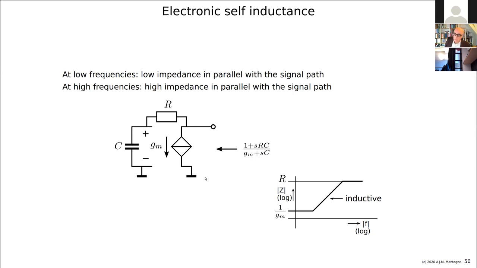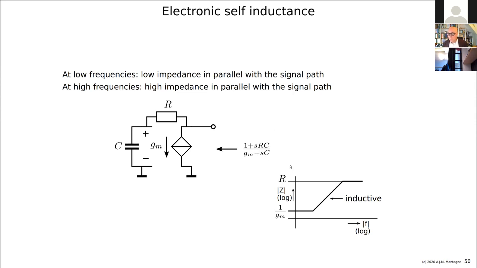Of course, I have no output capacitance here, but that's just to make it a simple circuit. And this is then the expression. You don't need to do any calculation for this. You just say, okay, if there is no S, that's DC, there must be 1 over GM.